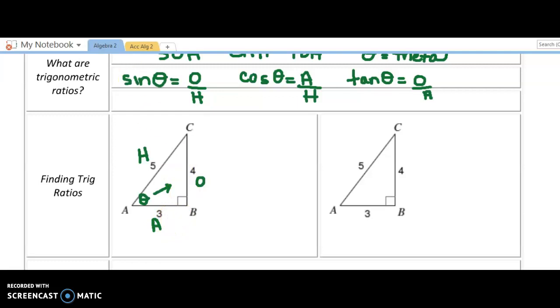All right, so now we're going to do our 3 trig ratios. So we'll talk about sine. Sine of theta is opposite over hypotenuse. So in this case, it would be 4 over 5.